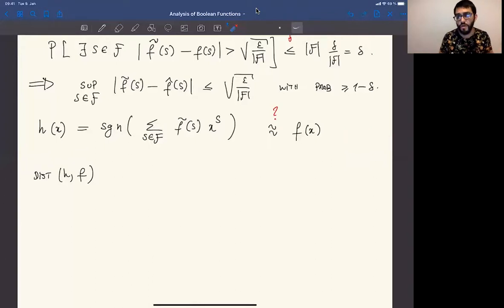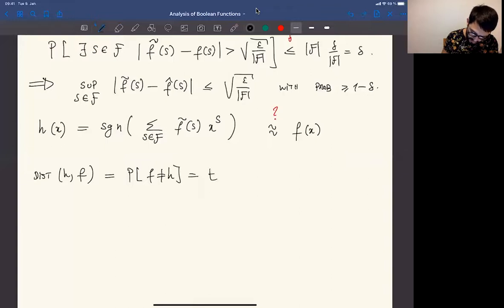Say you choose 1, but you can choose also minus 1. Okay, so now h is a Boolean function, precisely defined. So what's the probability that f is not h? Well, that's the same as the expectation of the indicator function of f being different than the sign of g, and say that this internal function here is the function g.